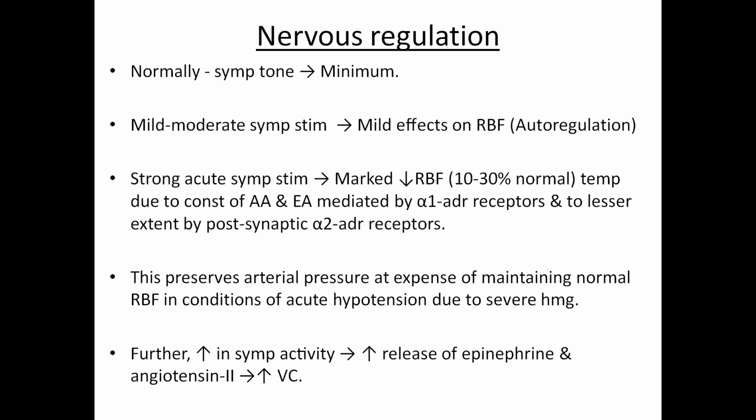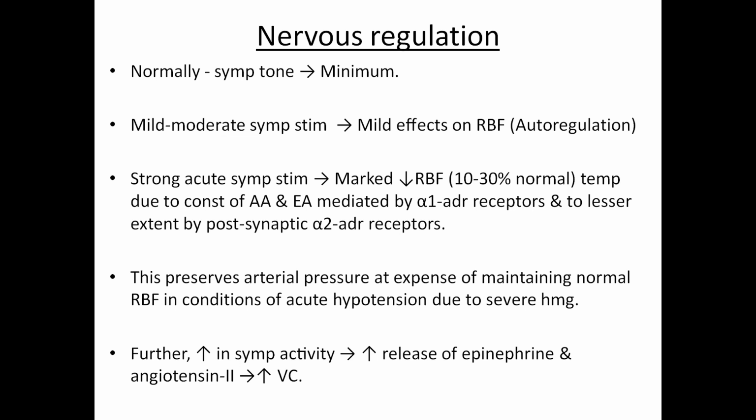However, at high concentration, it causes constriction of both afferent and efferent. And endothelin can cause profound vasoconstriction of both the arterioles. This is secreted by endothelial cells of renal vessels. So these three hormones, norepinephrine, angiotensin II, and endothelin, can cause vasoconstriction and thereby decrease RBF and GFR.